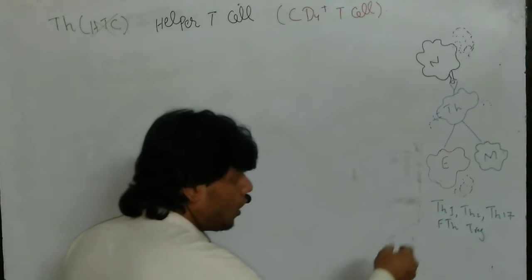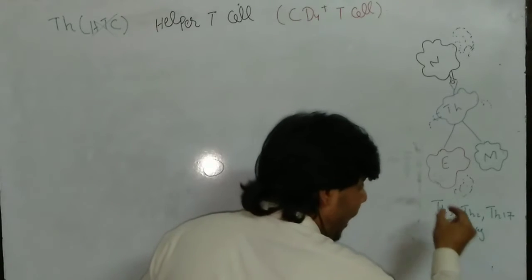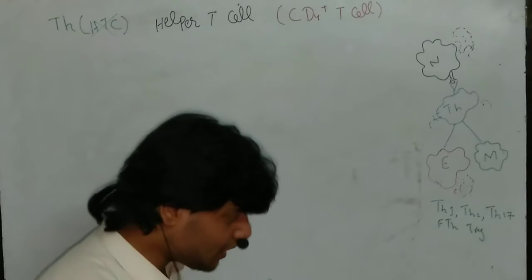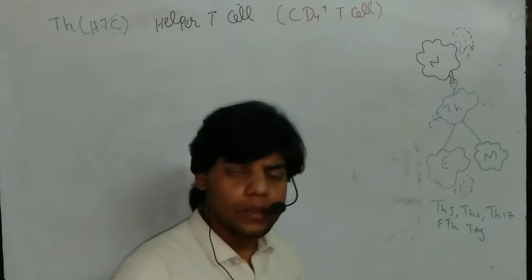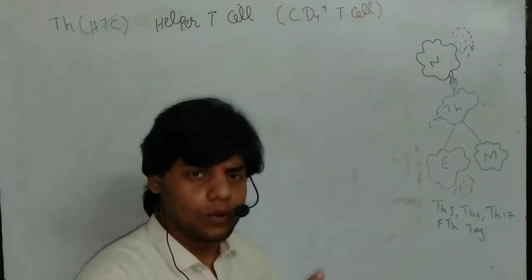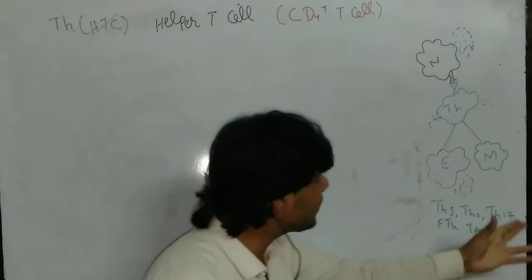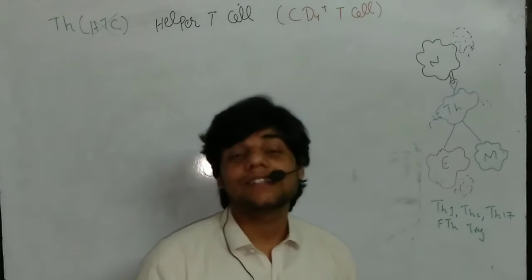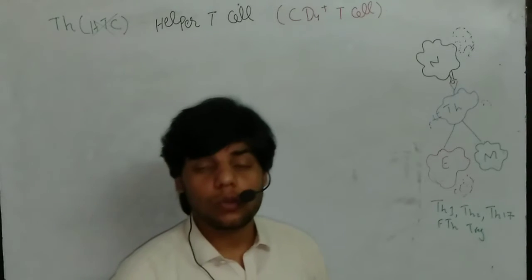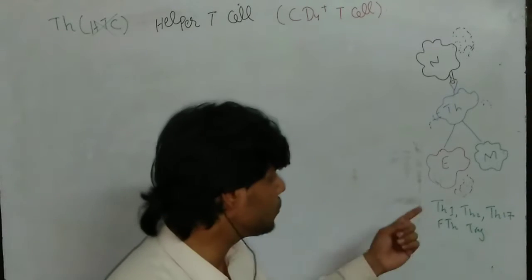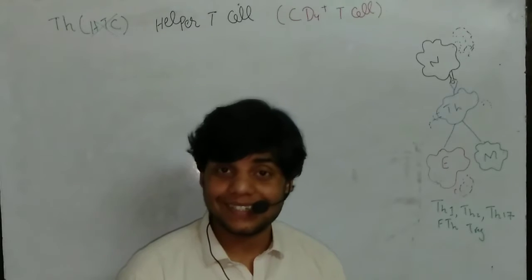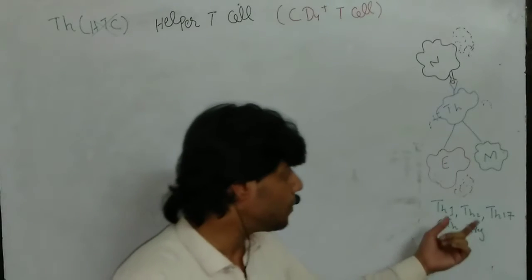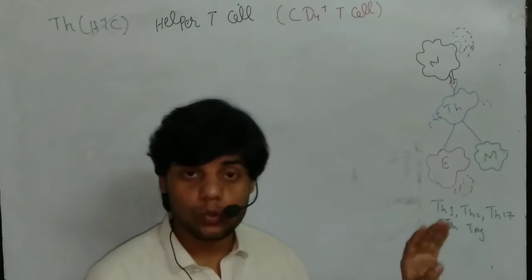Now the question arises in our mind, why does the human body or any organism's body need all these helper T cells? Because there are different kinds of infection. There is some kind of infection for which helper T cell 1 is needed. There is some kind of infection for which helper T cell 2 is needed.